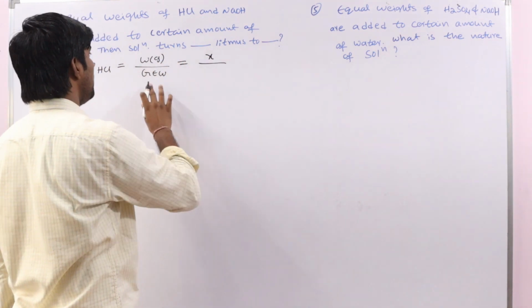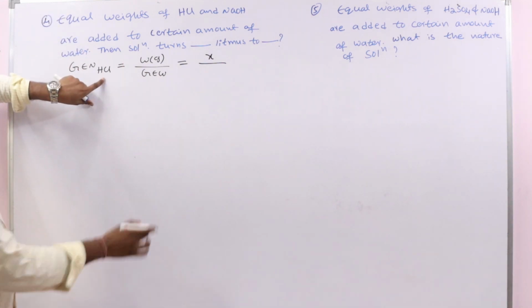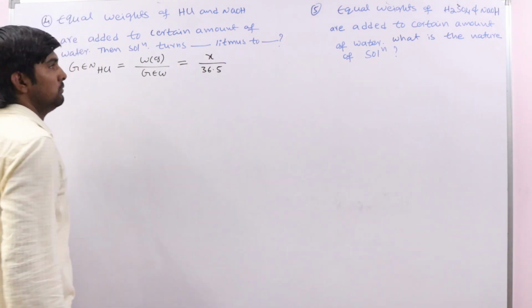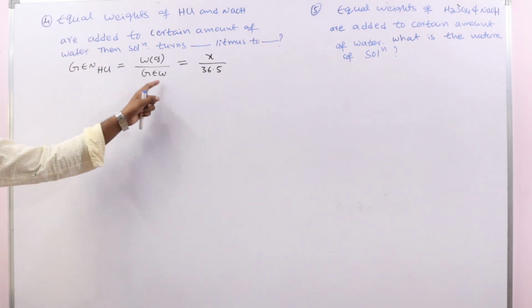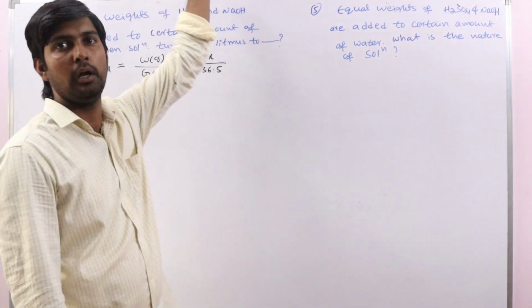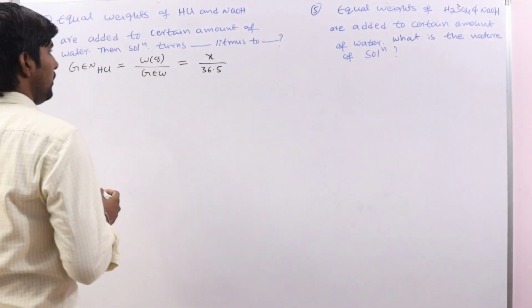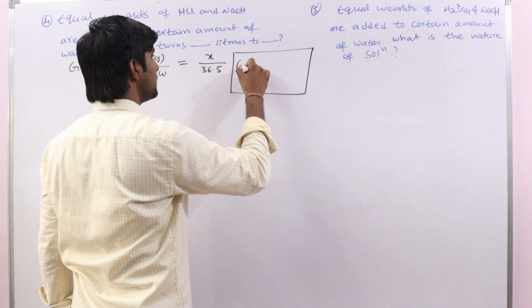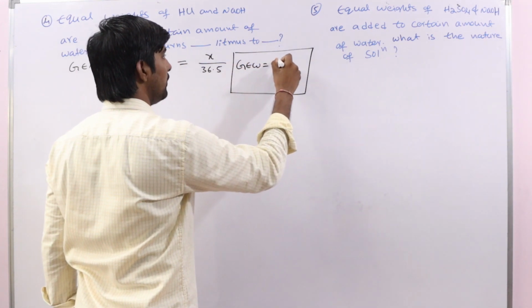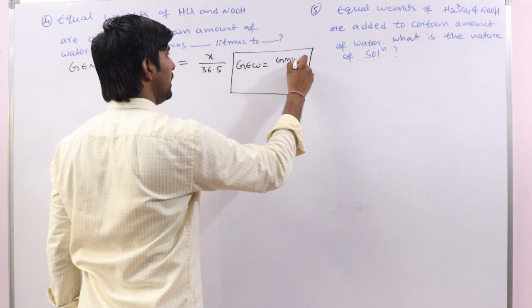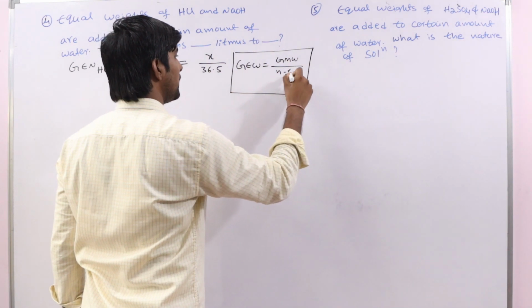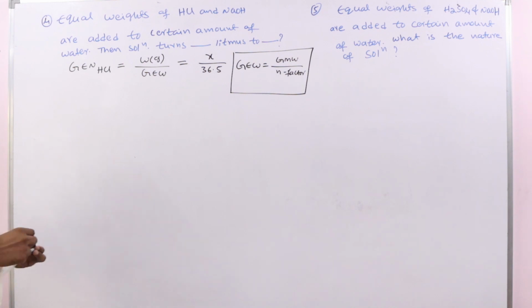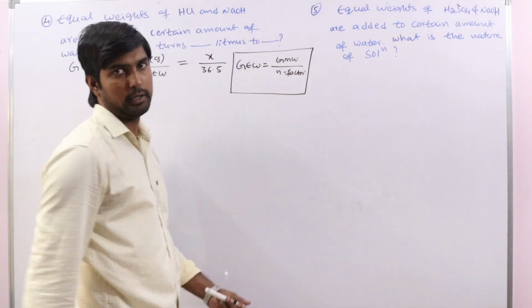The gram equivalent weight of HCl is 36.5. How can we calculate gram equivalent weight? We already discussed it in previous lectures: gram equivalent weight equals gram molecular weight divided by N factor or valency factor.